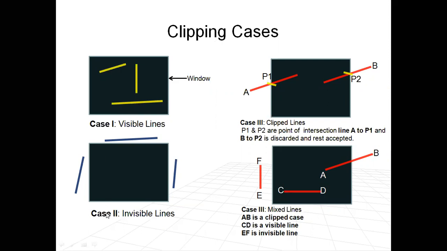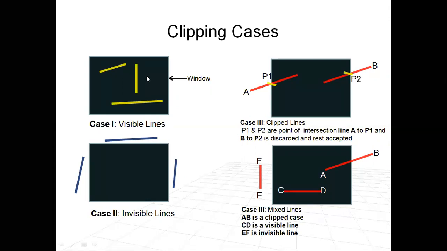Next is case 2, the invisible lines, the lines lying outside the visible region, residing outside the viewport. So all the lines lying within the visible region are one case, called visible lines, and case 2 is the invisible lines, where the lines are lying outside the visible region. Some other cases may also exist where clipping will take place.